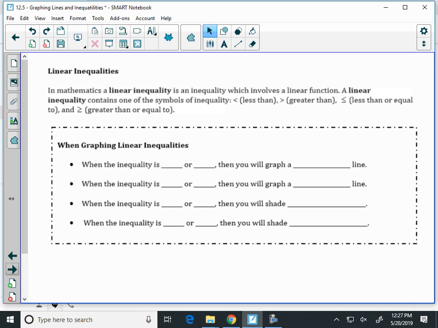So if the inequality is greater than or less than, so if you notice there's no line underneath the inequality, does anyone remember what kind of line we will graph? Solid or dotted? There's no line underneath. Dotted. So there's no line underneath your inequality, you will graph a dotted line.